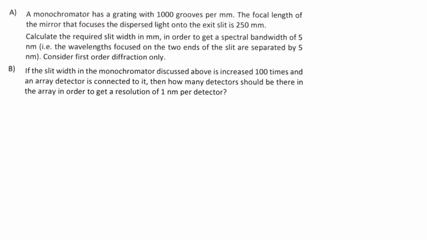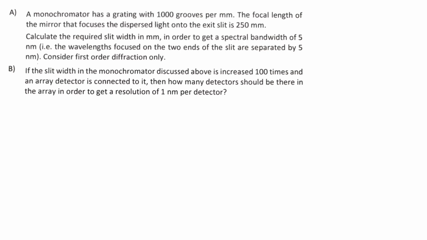The numerical problem says that a monochromator has a grating with 1000 grooves per millimeter. The focal length of the mirror that focuses the dispersed light onto the exit slit is 250 millimeter. Calculate the required slit width in millimeter in order to get a spectral bandwidth of 5 nanometer.